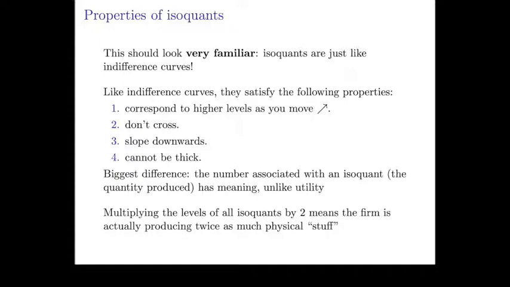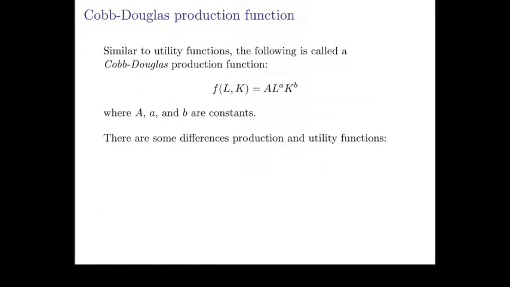Let's look at some of the classical production functions and what the isoquants would look like. Cobb Douglas is a very useful class of production functions. Just like we did with the Cobb Douglas utility functions, the Cobb Douglas production functions are ones that we're going to see over and over again just because they make the math very easy.